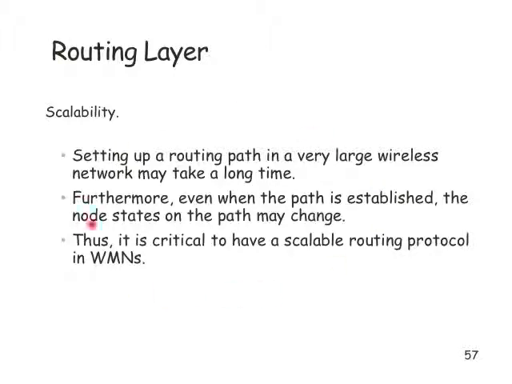And through simulation, which could be a good assignment or a good exercise, you can calculate the establishment of the end-to-end route for the case of AODV, the case of DSDV, and the case of DSR, as the network grows large.